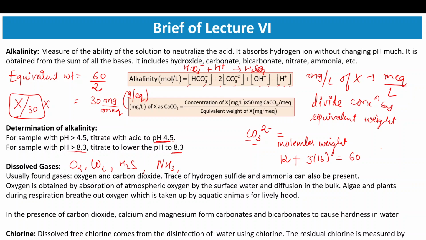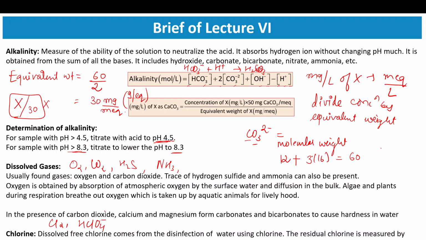And next is chlorine. So chlorine is usually in the free form, which is Cl2, hypochlorite ion, ClO minus, HClO. Such species correspond to free chlorine.